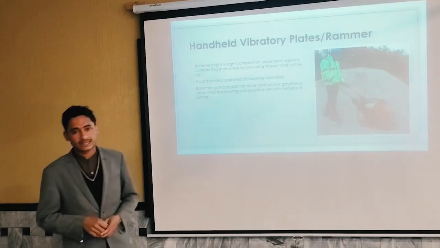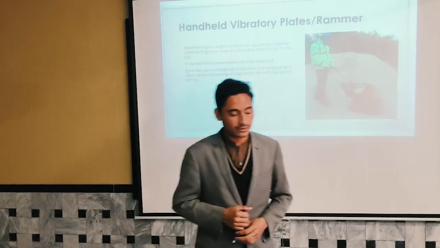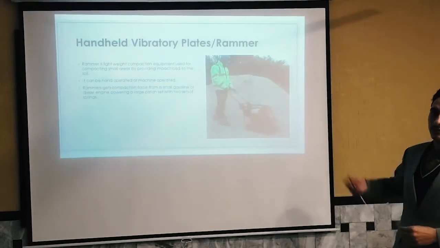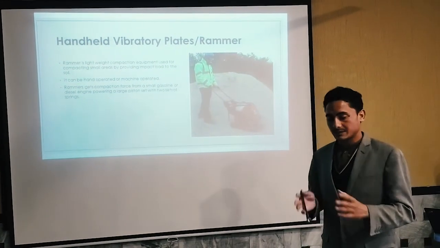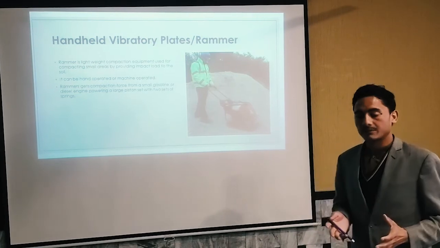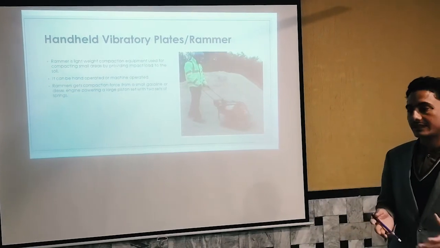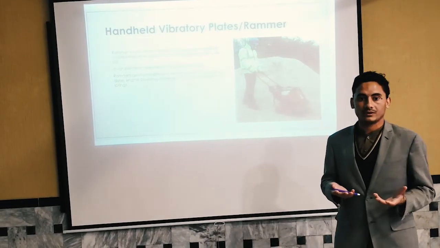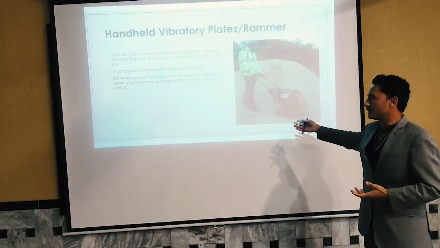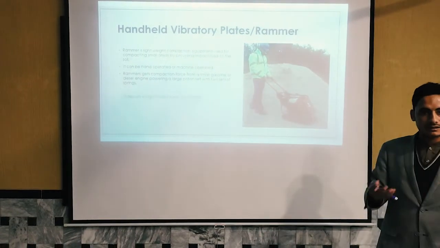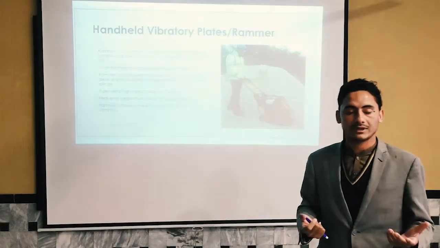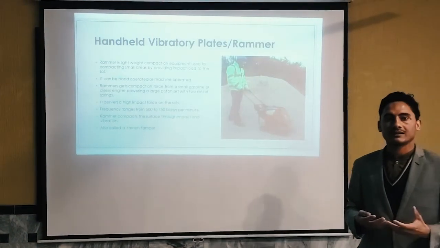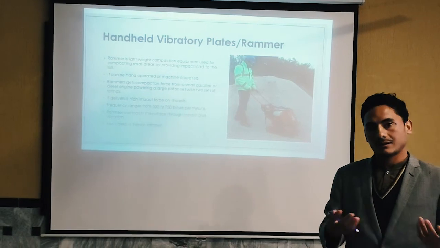Simply, we can say that these are also very good instruments, but number one, you can use it for small projects, not for very large projects. And the second one, if you have a lot of time in the projects, then you can use it. Simply, we can use it locally, but we can't use it in a huge project.